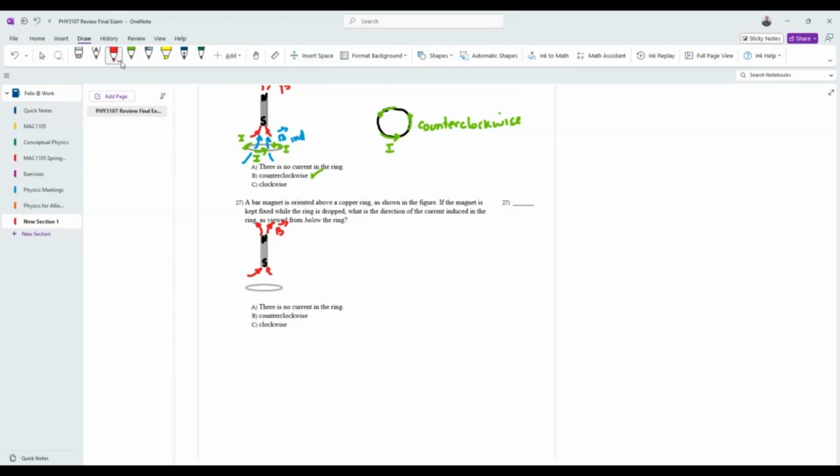So there will be an induction of current in the ring that will try to counteract that effect. As there was a decrease, the magnetic field that is induced needs to be in the same direction as the magnetic field due to the magnet. The only way this can happen, as we have analyzed before, is if the current flows like this.